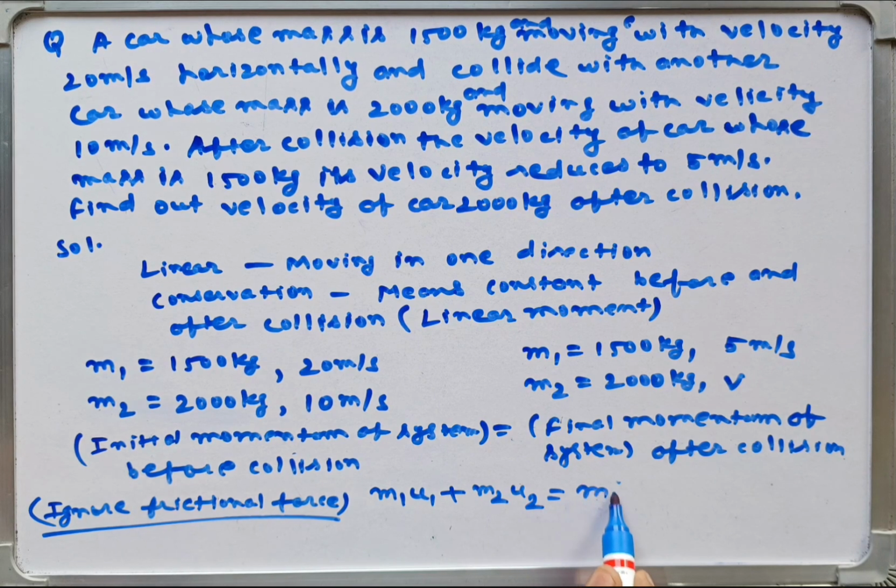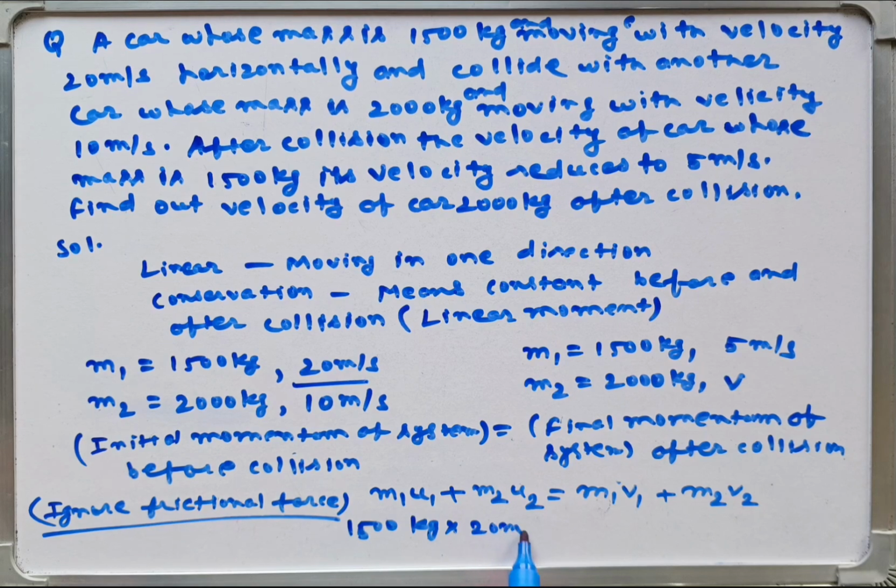After collision the first car velocity becomes v1, and the second car, whose mass is 2000 kg, has velocity v2. So we write 1500 kg times u1, which is 20 meter per second, plus 2000 kg times 10 meter per second.